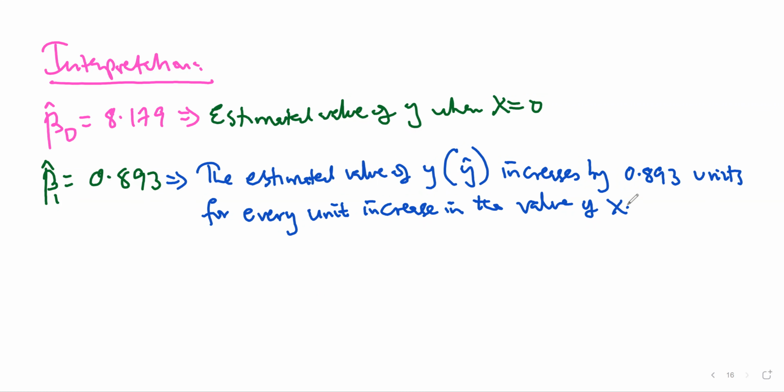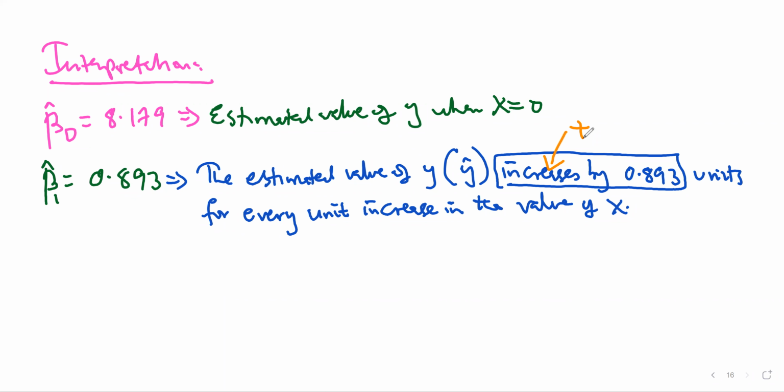In other words, for every unit increase in the value of x, then this is what happens to y. It increases. In other words, it is a positive relationship.